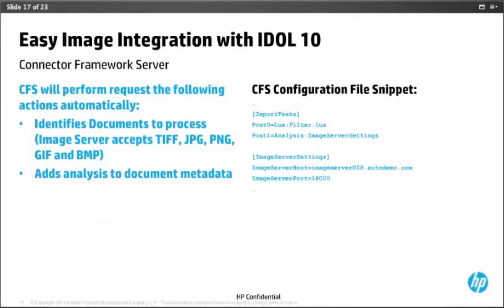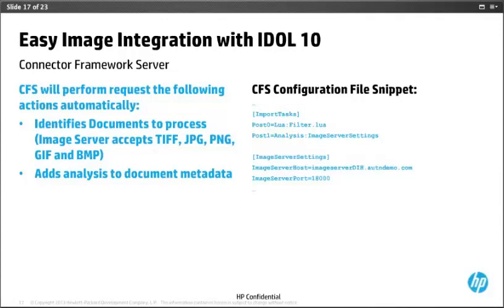It comes from the configuration of the connector framework services. On the right, you can see a little snippet of a configuration file. In there, you might recognize that we're referencing a Lua script, which calls out the specific functions that are to be performed and other instructions for customized handling of the data that's extracted.